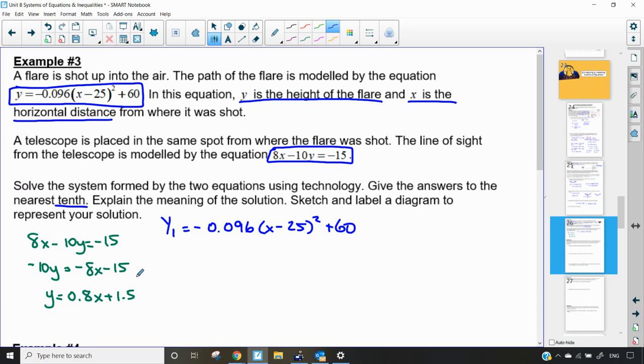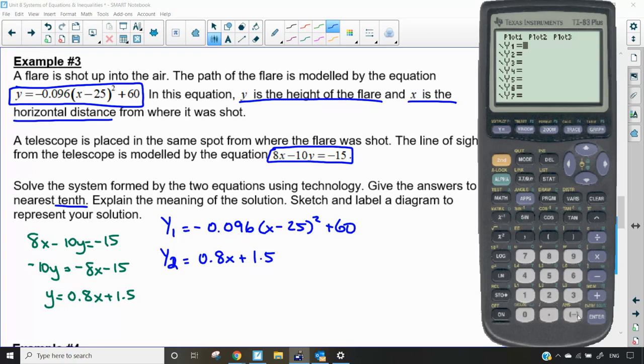And so my second equation will be 0.8x plus 1.5. All right, now entering these into our calculator here. Always want to make sure that you double check that your numbers are being put in correctly. And then we have 0.8x plus 1.5.